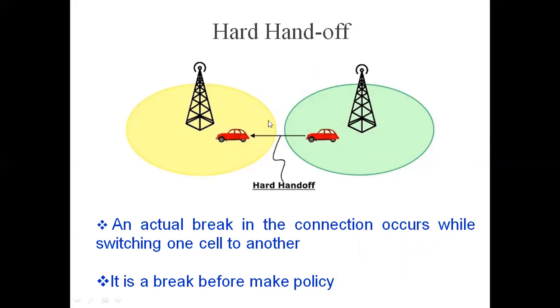You can see from this diagram that in hard handoff, an actual break in the connection occurs while switching from one cell to another. The radio link from the mobile station to the existing cell is broken before establishing a link with the next cell. It is generally an interfrequency handoff, and you can say that it is a break-before-make policy. So this is hard handoff.